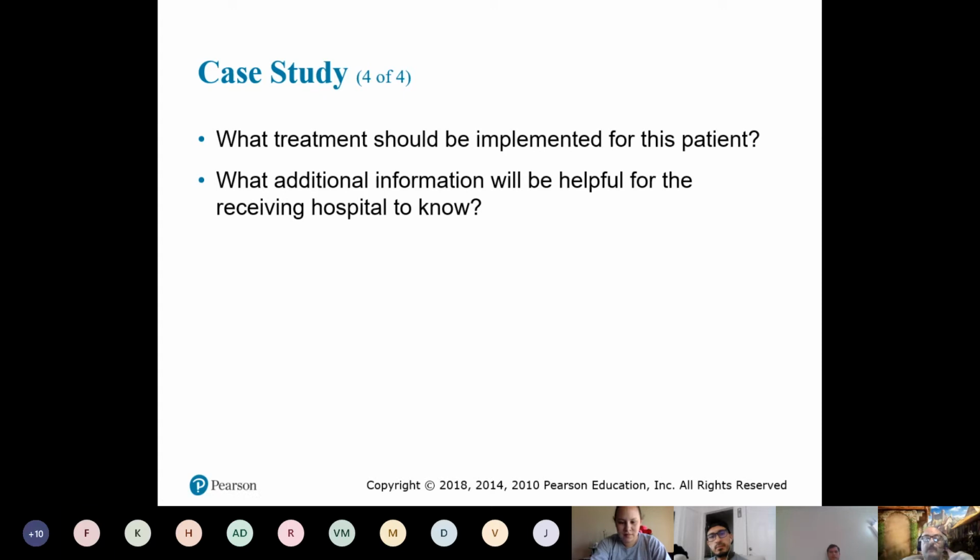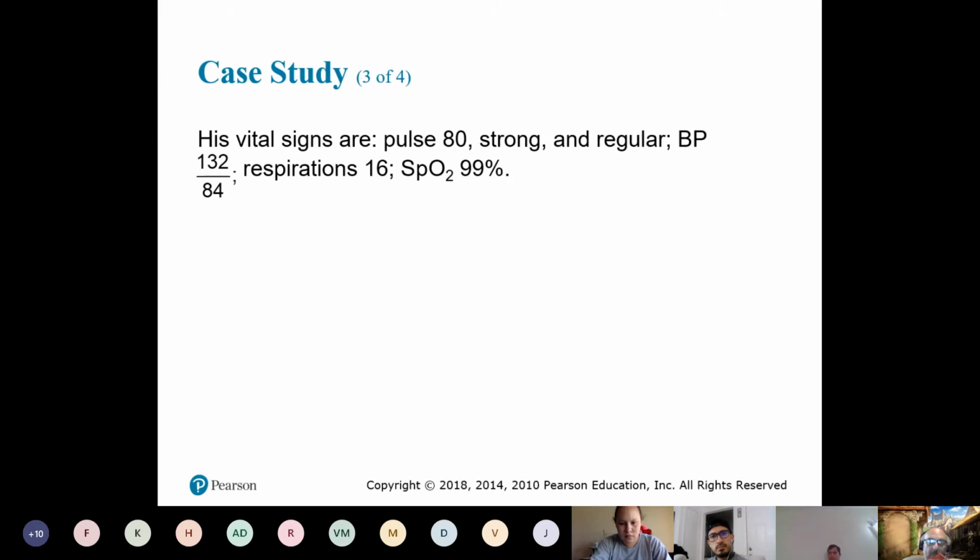So what treatment should be implemented for this patient? He only took his nitro once, right? It doesn't say, but we'll go with that. Since he's stable, you can help administer another dose. How do we know we can?